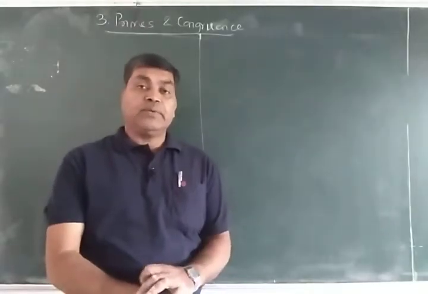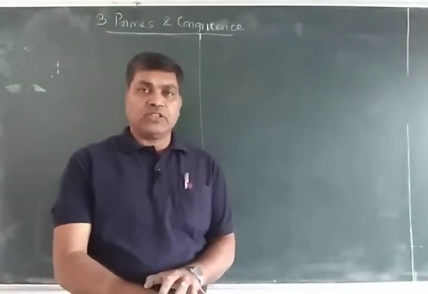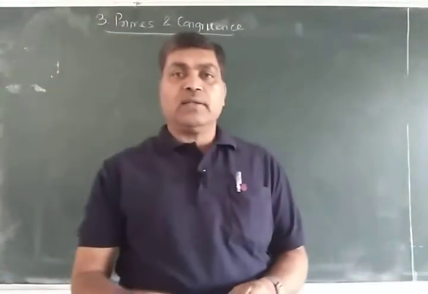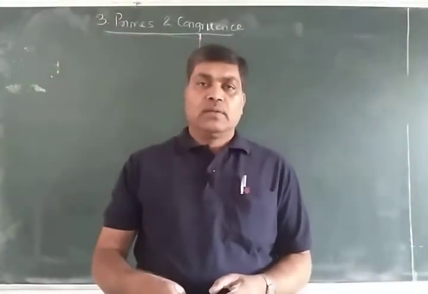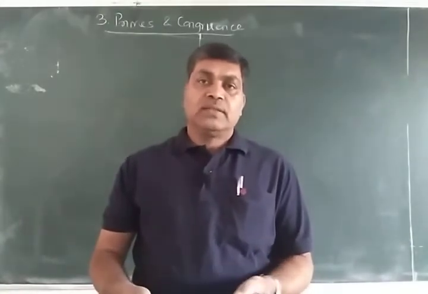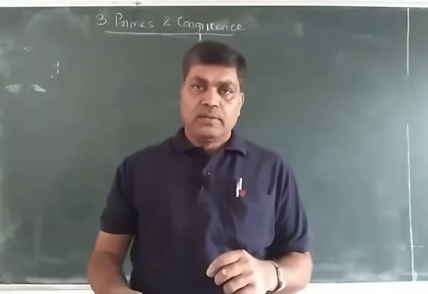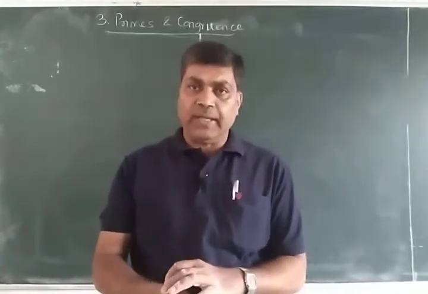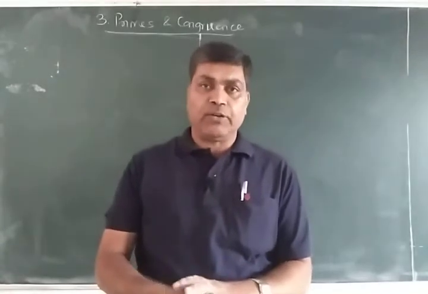Hello friends, in the previous lecture we have studied the Euler phi function. For a positive integer n greater than 1, the Euler phi function phi of n is the number of positive integers less than n which are relatively prime to n, and it is denoted by phi of n.